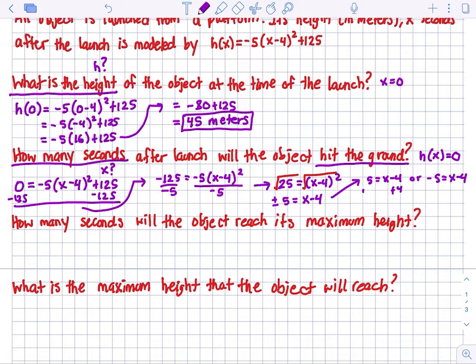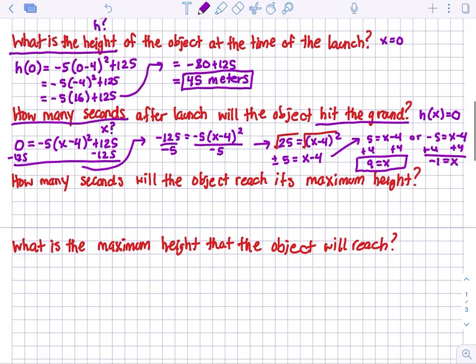Plus 4, plus 4. 9 is equal to x, or -1 is equal to x. So it will hit the ground in 9 seconds, or in -1 seconds. Well, it's going to be 9 seconds, because you can't have time be a negative number.